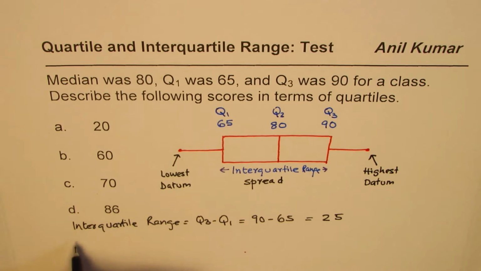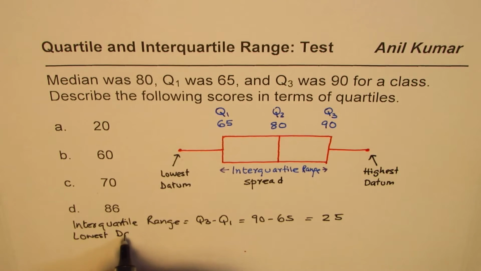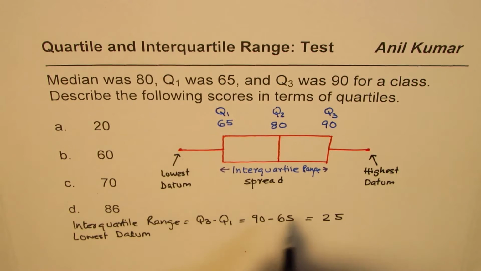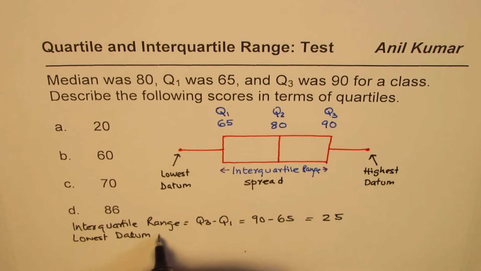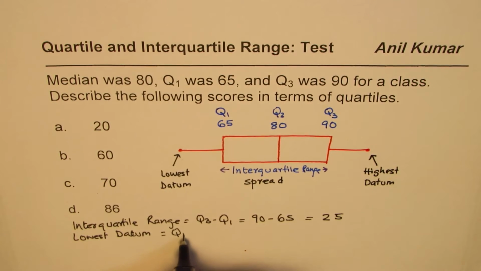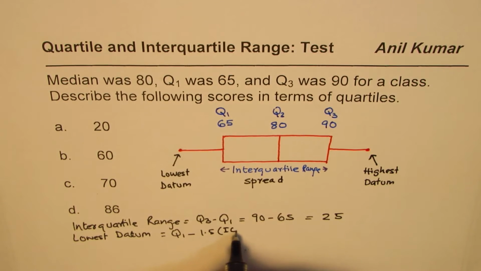To find the lowest datum, we take away 1.5 times this range from Q1. It is Q1 take away 1.5 times the interquartile range, right? So let's calculate this.